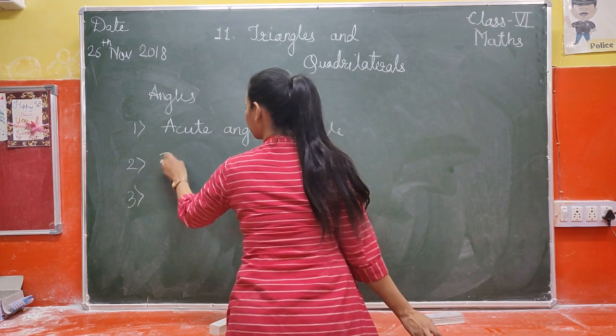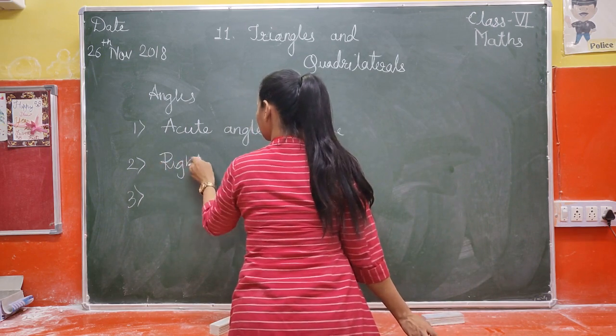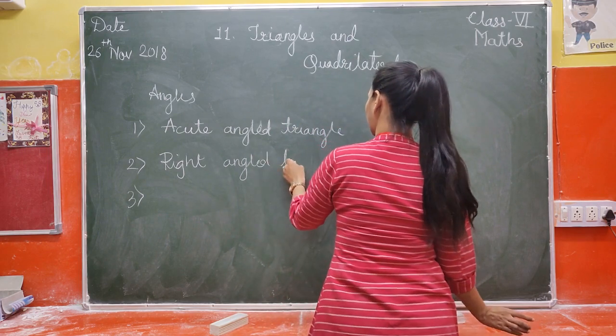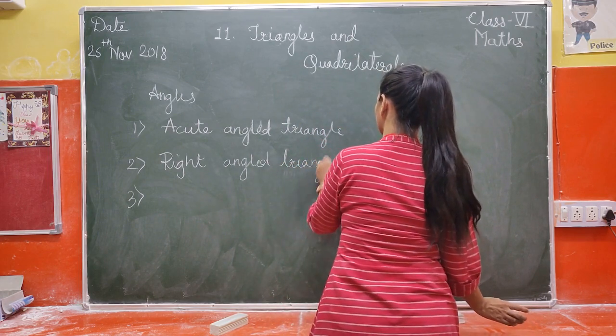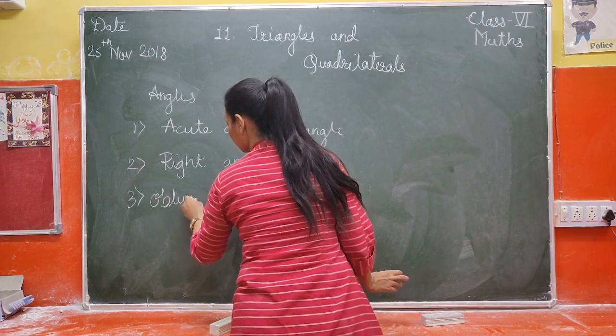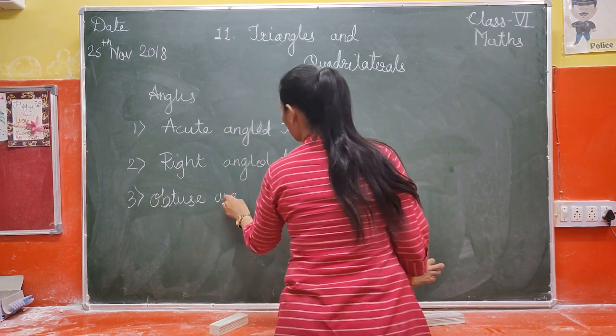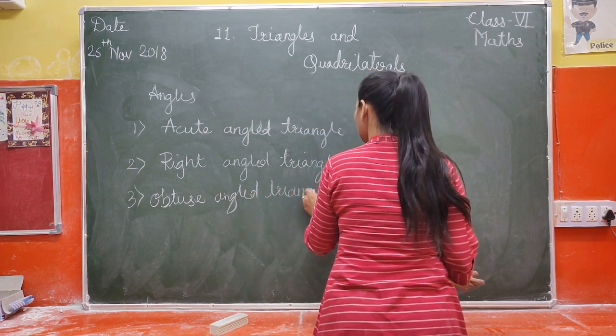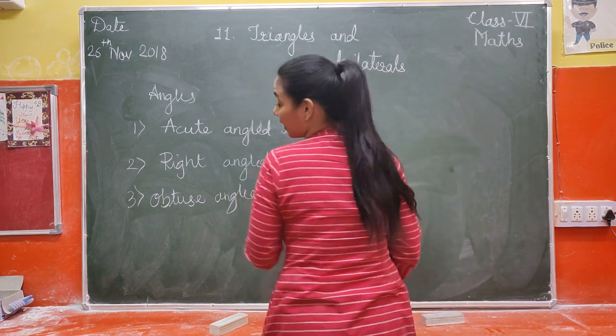Second is right angle triangle. And third one is obtuse angle triangle. So these are the three types of triangles which are classified according to their angles, right?